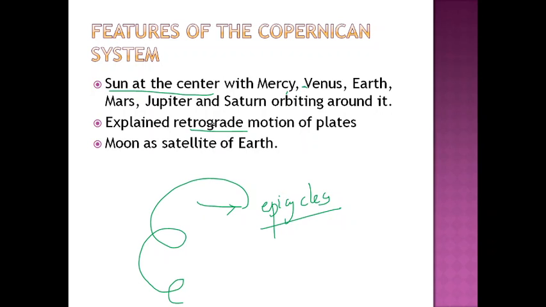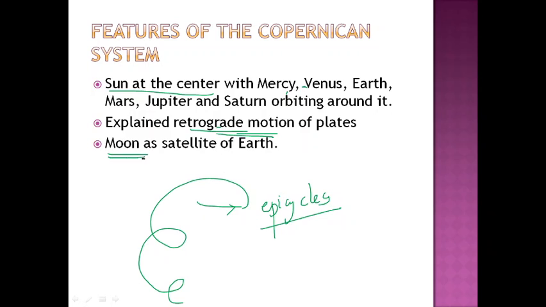In the case of Mars, he was able to explain the retrograde motion in different directions when it is near perigee and apogee using simple diagrams. So the complicated concept of retrograde motion was beautifully explained in the Copernican system.